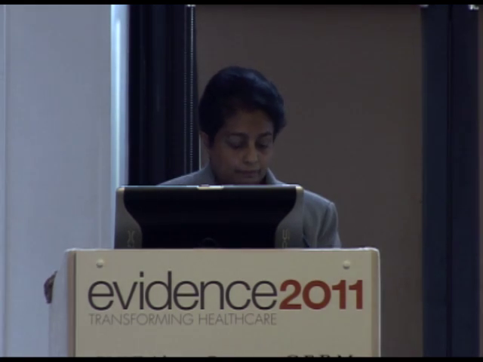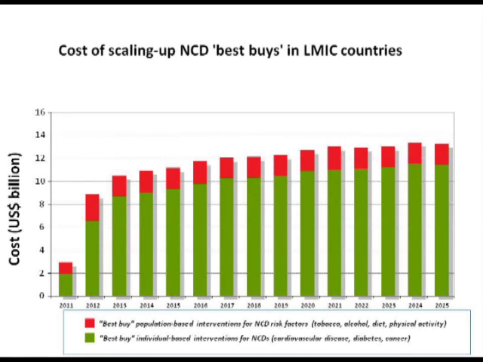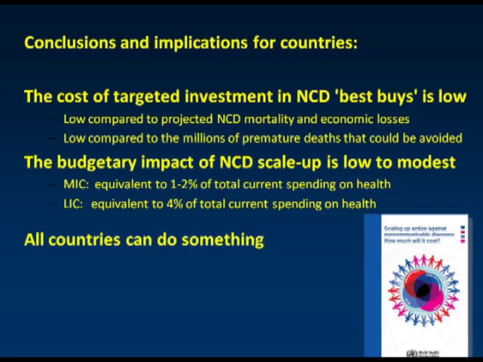So this information, as you can see, shows very clearly that the cost is very high for individual interventions, although you have got to have this combination. And for the population-wide interventions, the cost is not very high for implementation. And this was released before the UN high-level meeting to give the countries 3 messages: that the cost of targeted investment in NCDs is not very high, and these we call best buys.